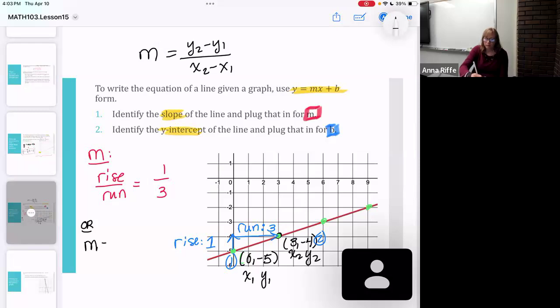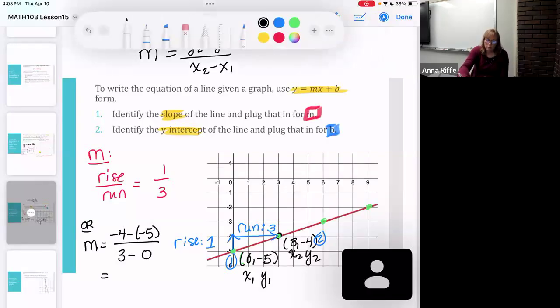And then I could note that m is equal to y2 is -4 minus y1 is -5 over x2 is 3 minus x1 is 0. -4 minus -5 becomes -4 plus 5. -4 plus 5 is 1. 3 minus 0 is 3.